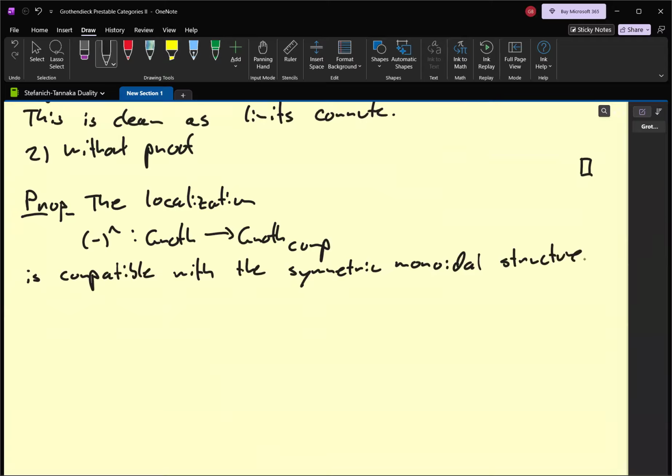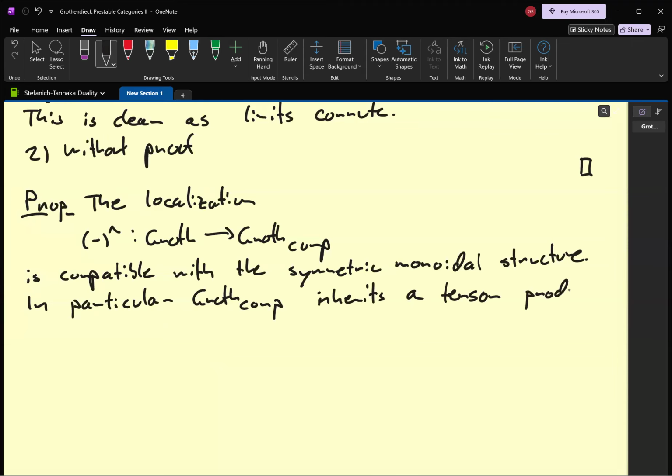In particular, Groth comp inherits a tensor product. And we will call this tensor product by the usual tensor product with just a completion above.